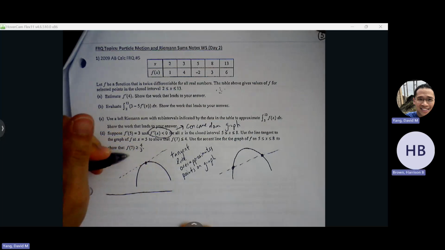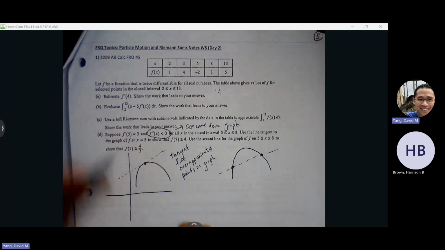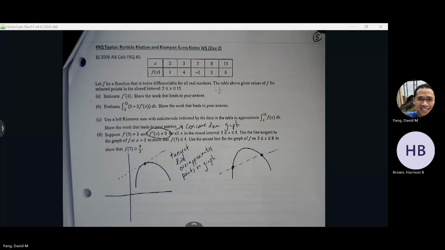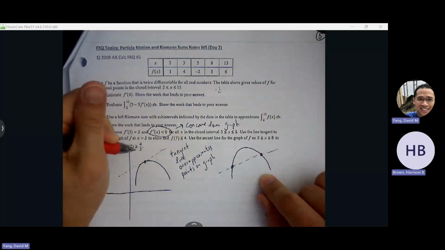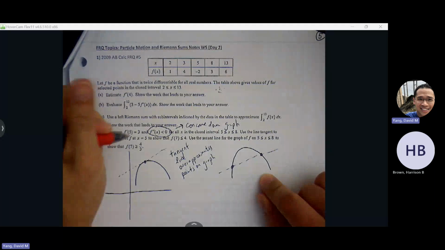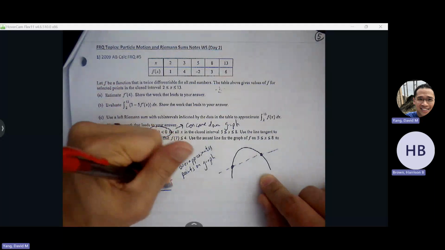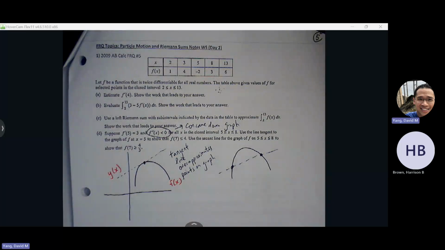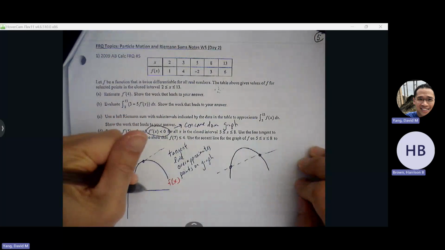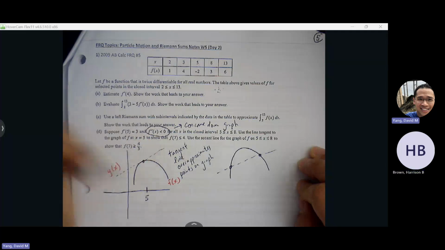Not quite. So let's say this is the graph here, right? Let's say f of x is the curve, and let's say y of x is the line, and the point of tangency is at 5.